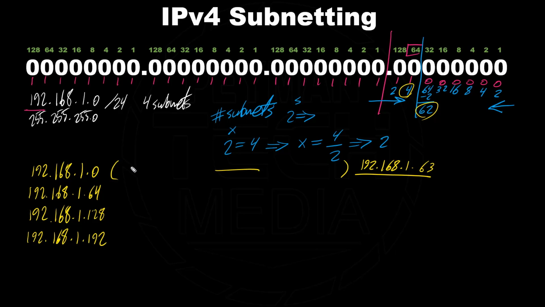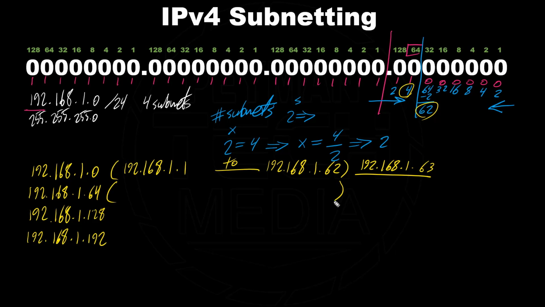And the range, the first available IP address for this subnet is 192.168.1.1, and it goes to 192.168.1.62. So 1.1, 1.2, 1.3, and so on to 1.62. These are the 62 available IP addresses we can see in every subnet.